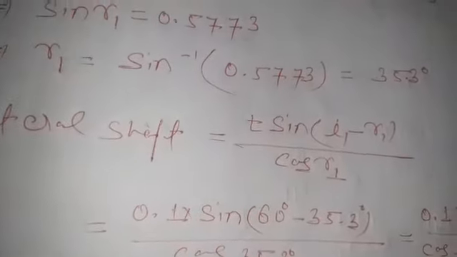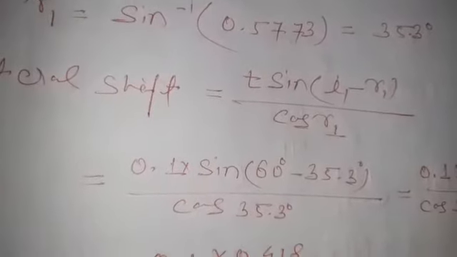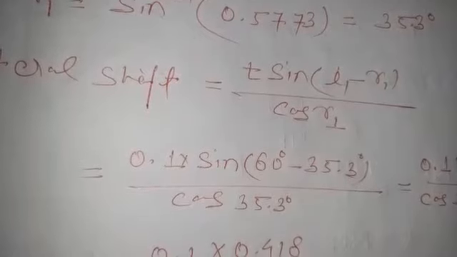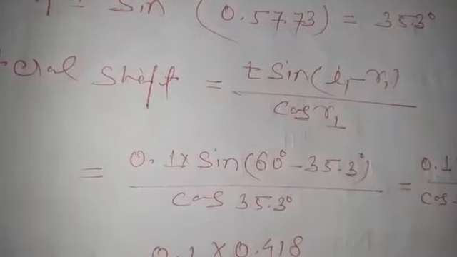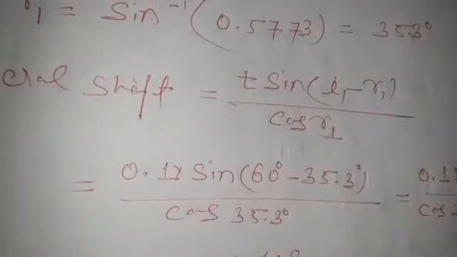What is the lateral shift? Lateral shift is T into sin I1 minus R1 divided by cos R1. So T is your 0.1, I1 is 60, R1 is 35.3. So 0.1 into sin of 60 minus 35.3 degree divided by cos 35.3 degree.